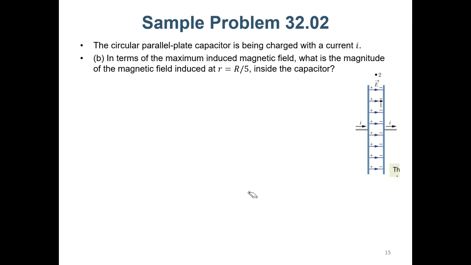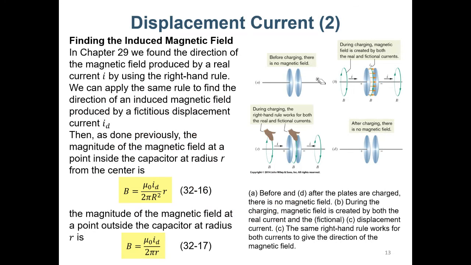So for part B, in terms of the maximum induced magnetic field, what is the magnitude of the magnetic field at r equals capital R over 5 inside the capacitor? So as long as we know that inside the maximum point should be for small r equals capital R, because this part is linear increasing, and for this part it is decreasing.